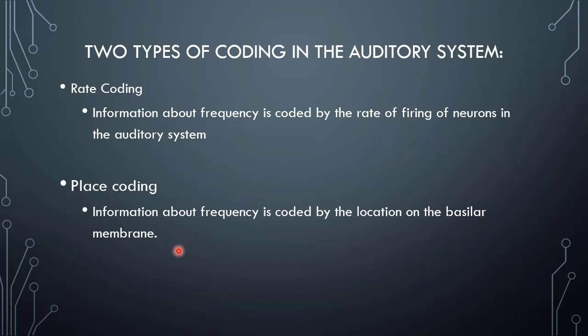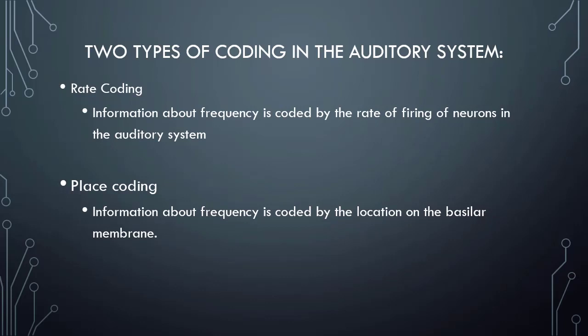This is the idea that frequency is coded by the location along the basilar membrane where those hair cells and the cilia and the tip links are being bent and activated. And this means different parts of the basilar membrane respond to different frequencies.